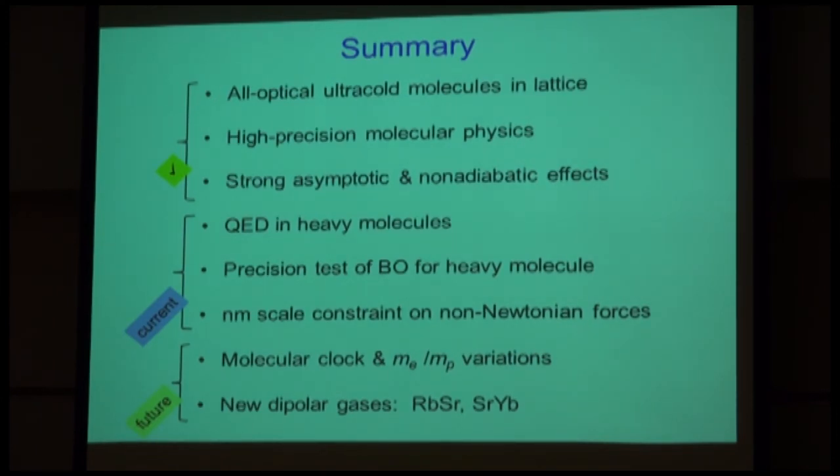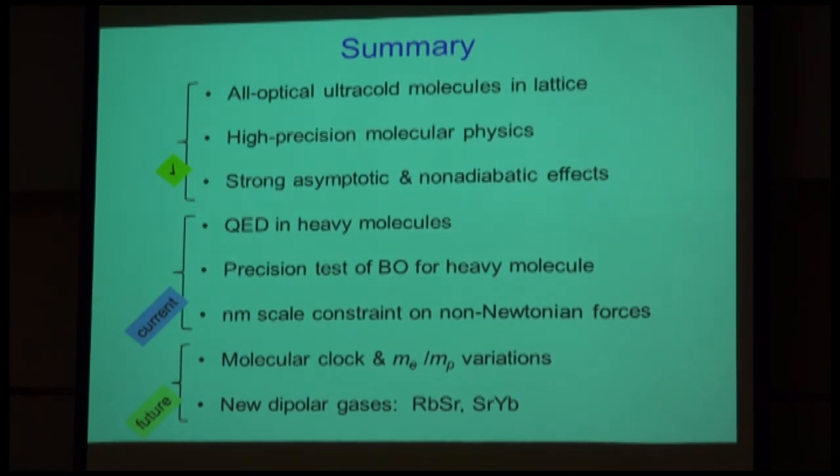So one has to use tricks in order to avoid that inhomogeneous broadening. It's just that the tightly bound molecule sees a slightly different Stark shift than the weakly bound molecule. And then as you sample different areas of the lattice, you get that inhomogeneous broadening.